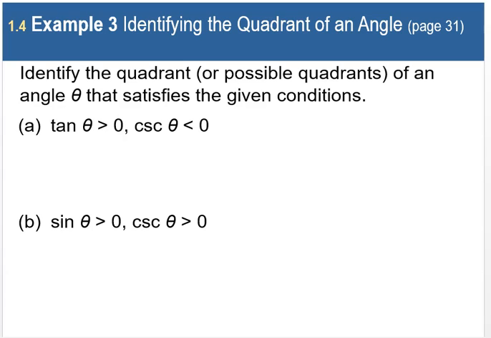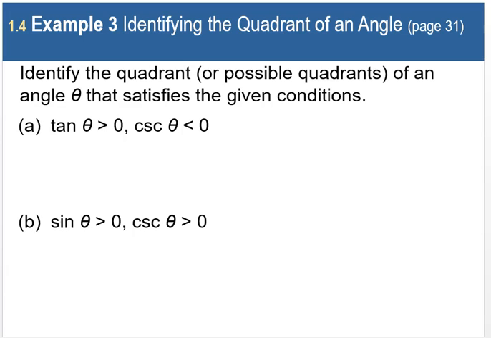So part A says tangent of theta is greater than 0, meaning tangent is positive, and cosecant is less than 0, meaning cosecant is negative.